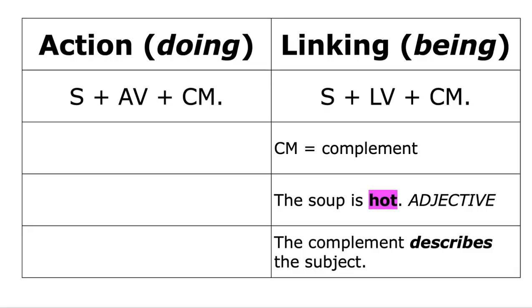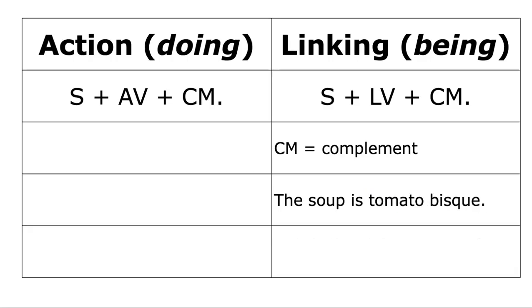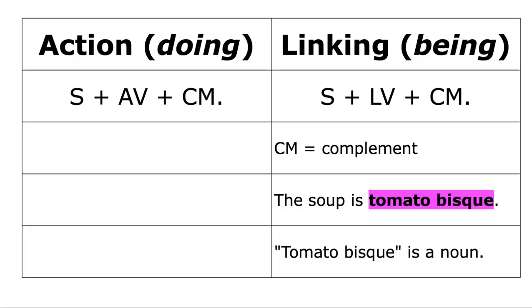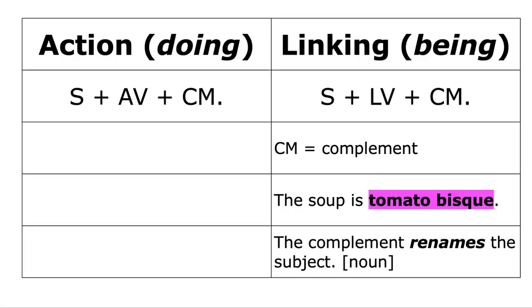Look at another example. The soup is tomato bisque. That's a kind of flavor. Tomato bisque is a noun. Sometimes the complement renames the subject. So if you have a noun after a linking verb, you probably have a complement.